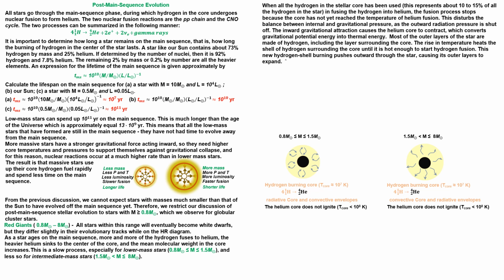As the outer layers expand, they cool because they are now farther away from the energy source. This process causes the star to expand significantly while also decreasing its effective temperature.